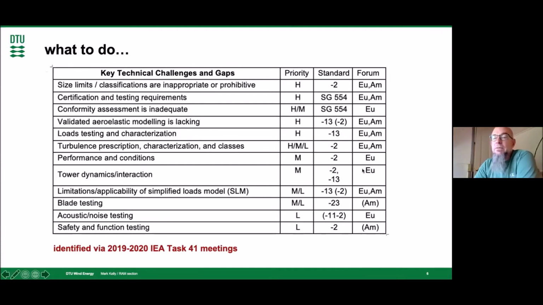You see at the different forums on the European and American sides, these workshops that we've had, where these different issues I just listed were identified. And in this table there are a few lower priority things as well: simplified loads models, blade testing, noise testing, and safety and function testing.